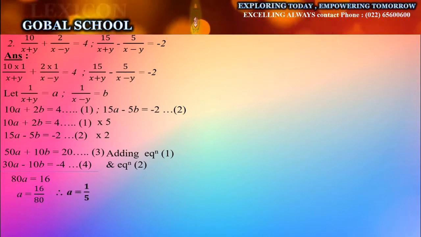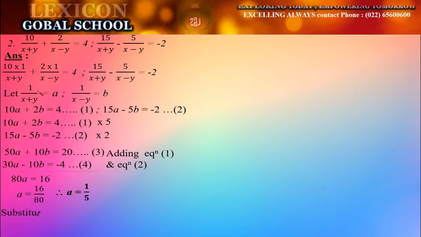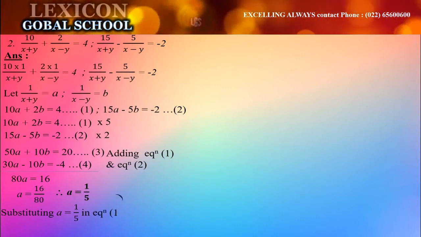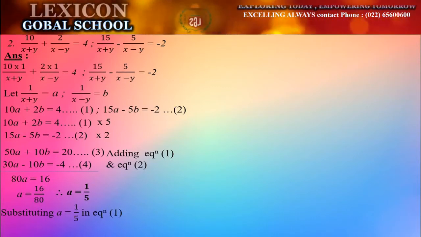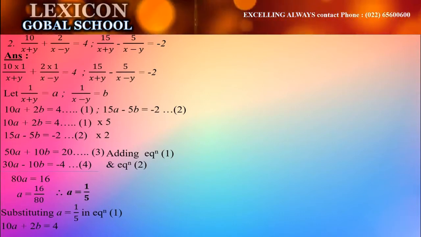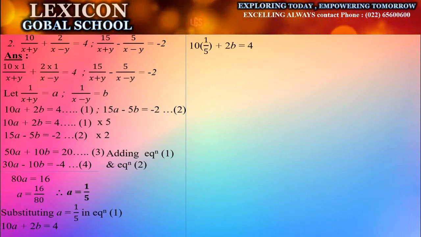Since we have got the value of a, let us substitute it in equation 1. So, substituting the value of a is equal to 1 upon 5 in equation 1, we get equation 1 is 10a plus 2b is equal to 4. So, instead of a, we are going to substitute the value of 1 upon 5.